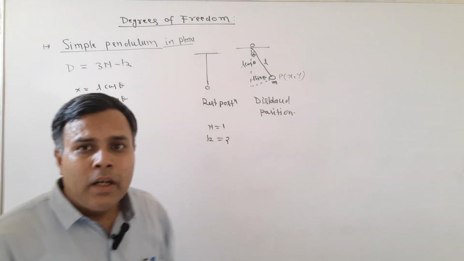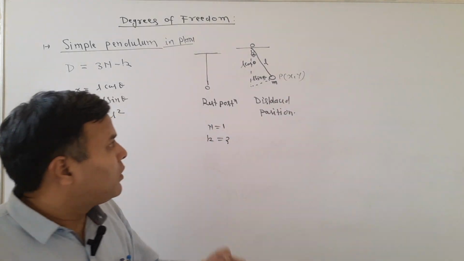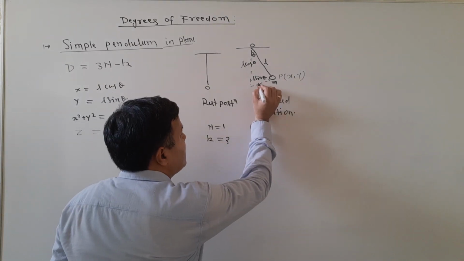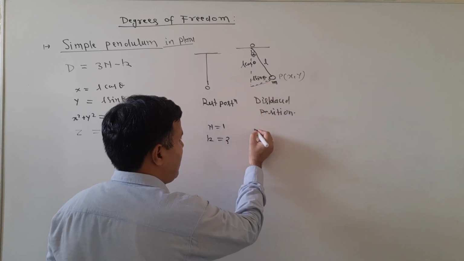There is another way to define the equation of constraint, because there is a relation between x and theta. Let's say this angle is theta, and this is the arc.